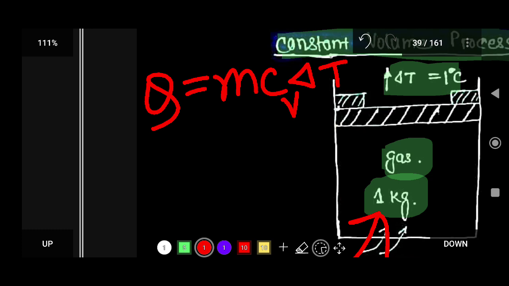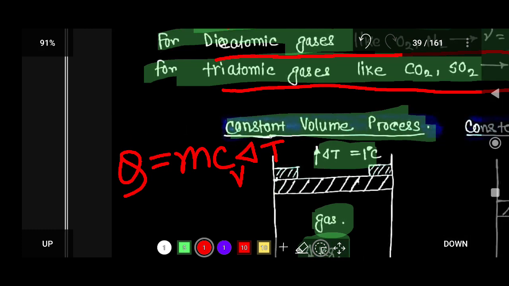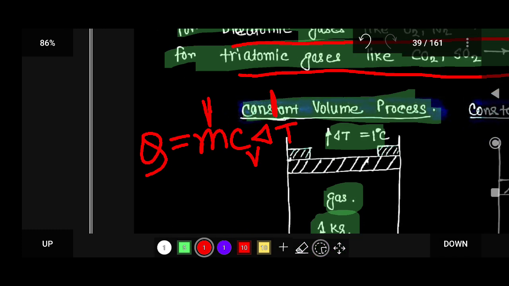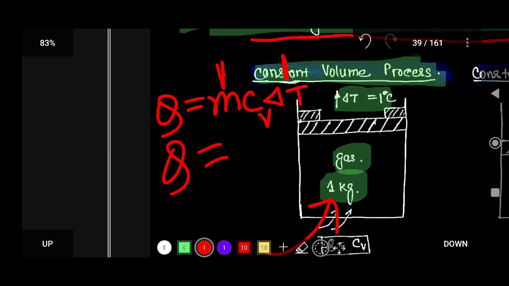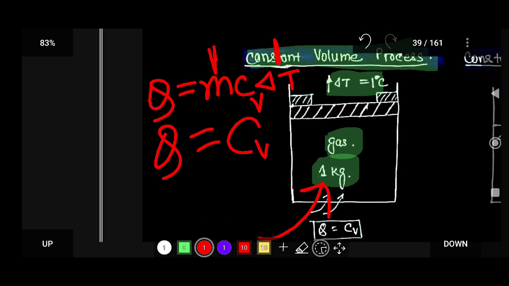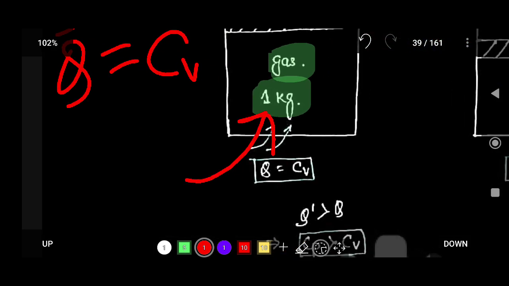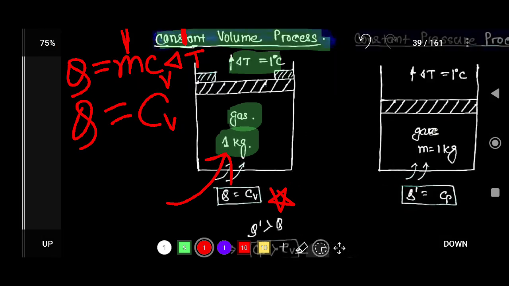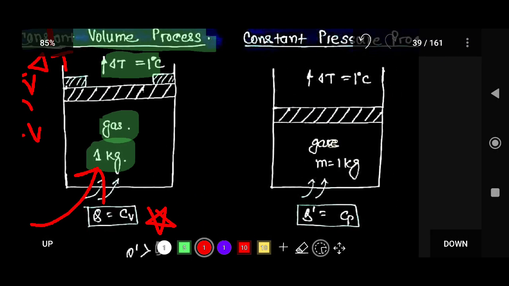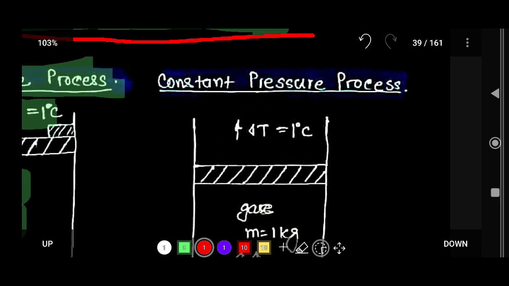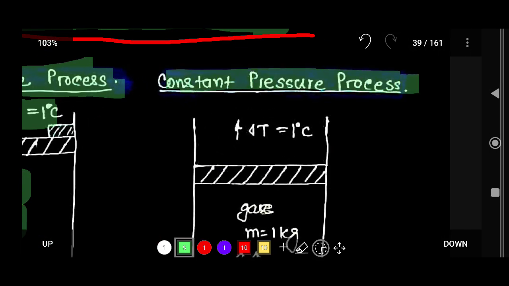If mass is 1 and delta T is 1 degree Celsius, then Q is basically Cv. So the heat supplied is equal to Cv.